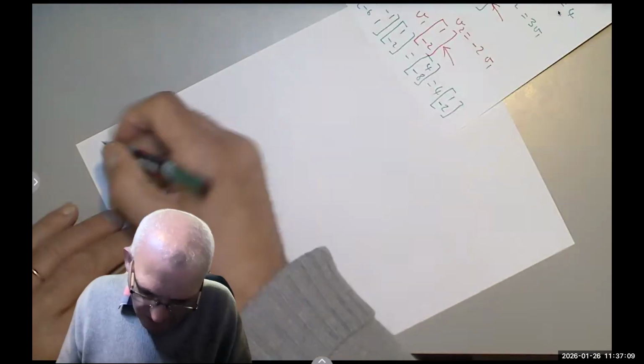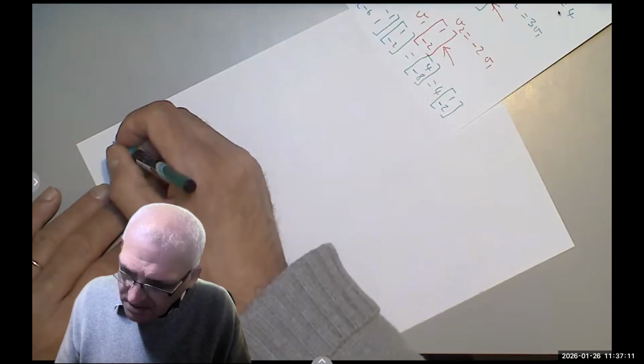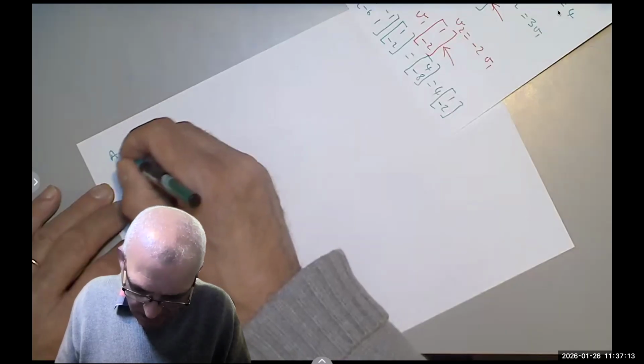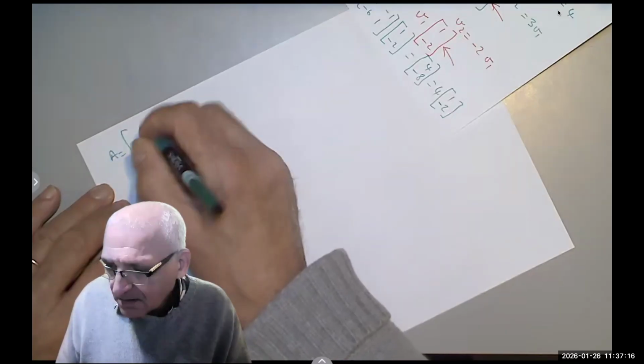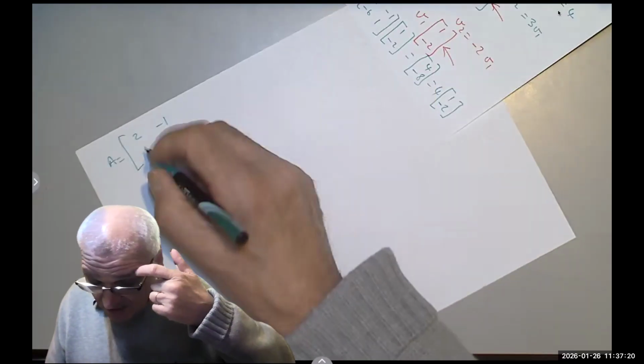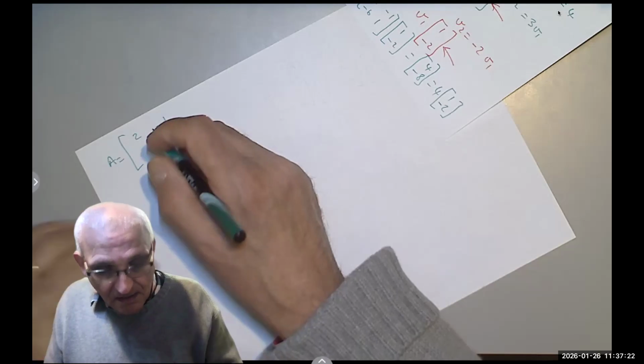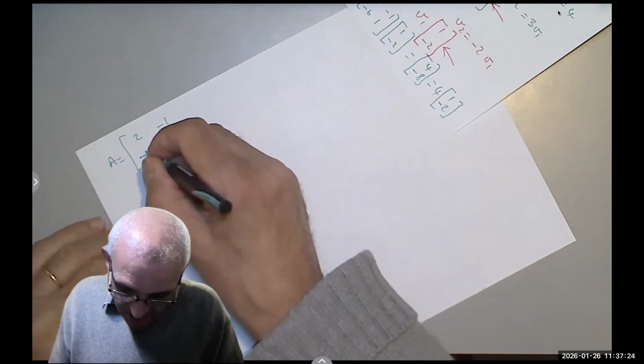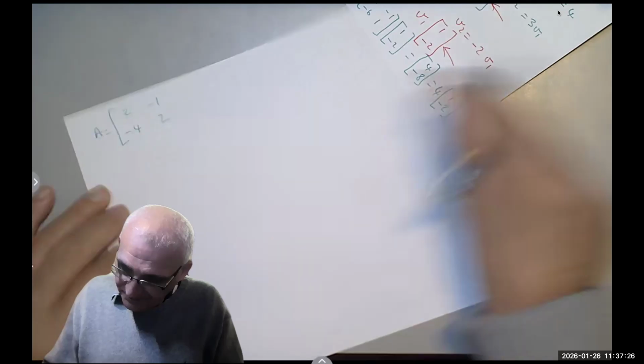There is one that says, it's similar to this. It starts with 2, -1, but then I have -4 and 2.